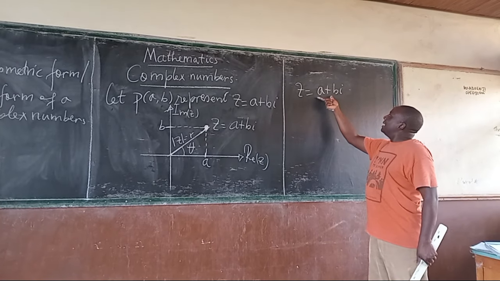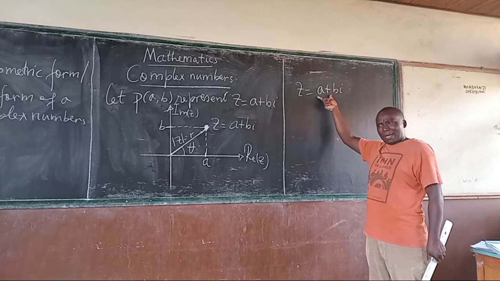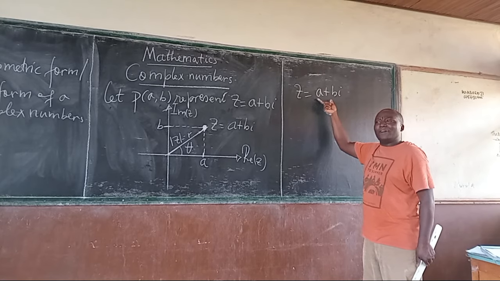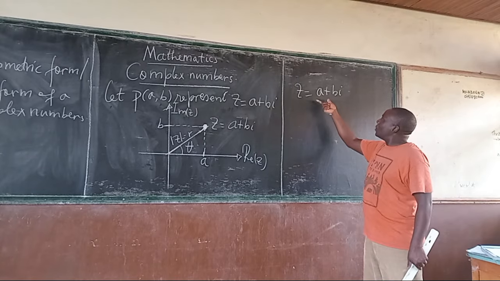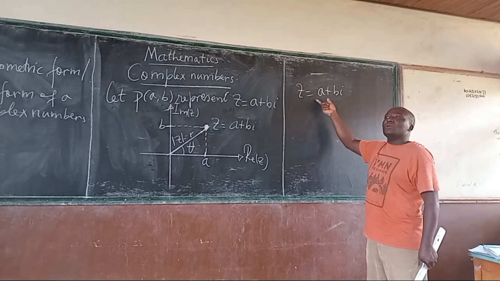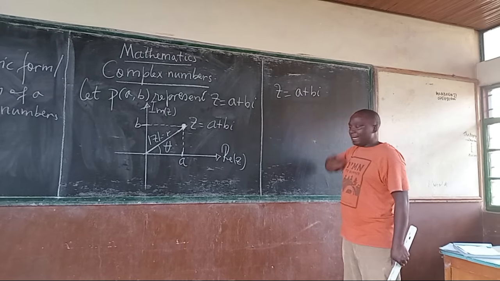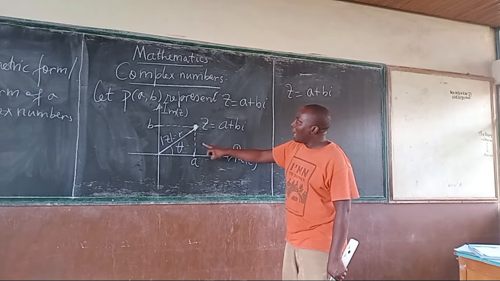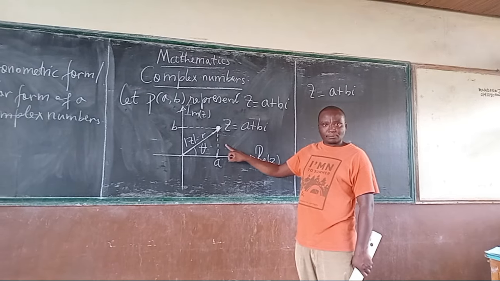How you can write these complex numbers by using trigonometric functions, by using cosine of an angle, by using sine of an angle. Again, teachers, return back to our Argand diagram here.